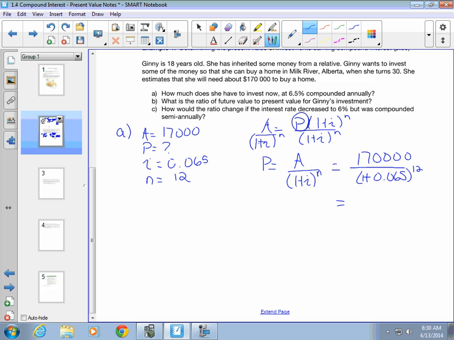When you do that on your calculator, you get $79,846.09.